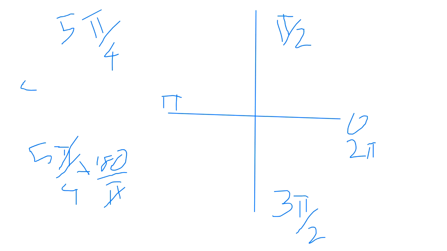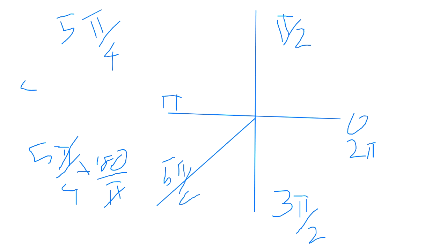That means it will lie between pi and 3 pi over 2. Is that clear? So this 5 pi over 4 is going to lie here, in the third quadrant.